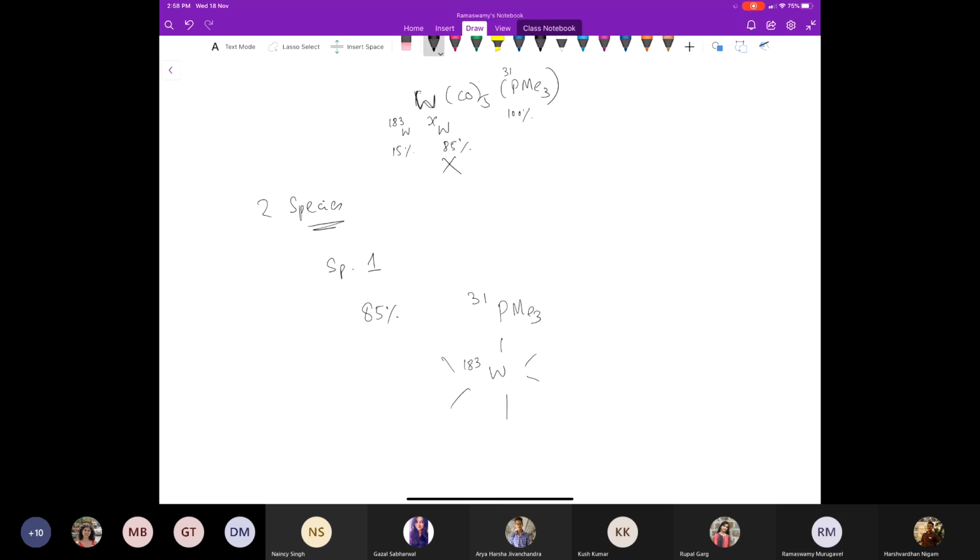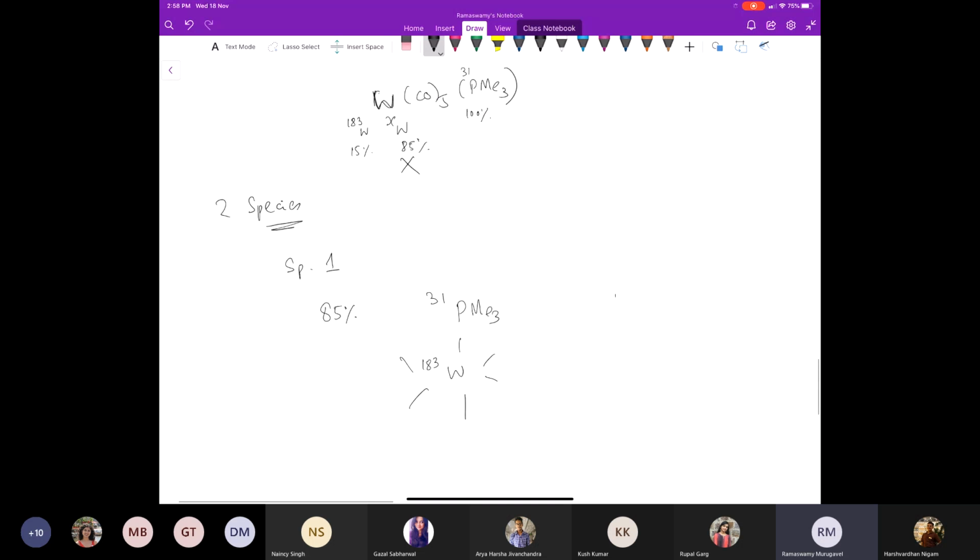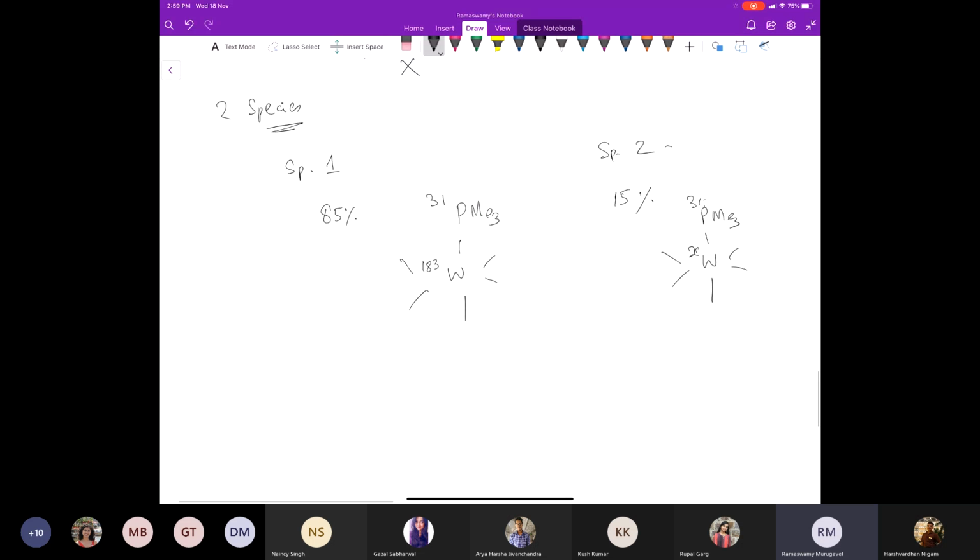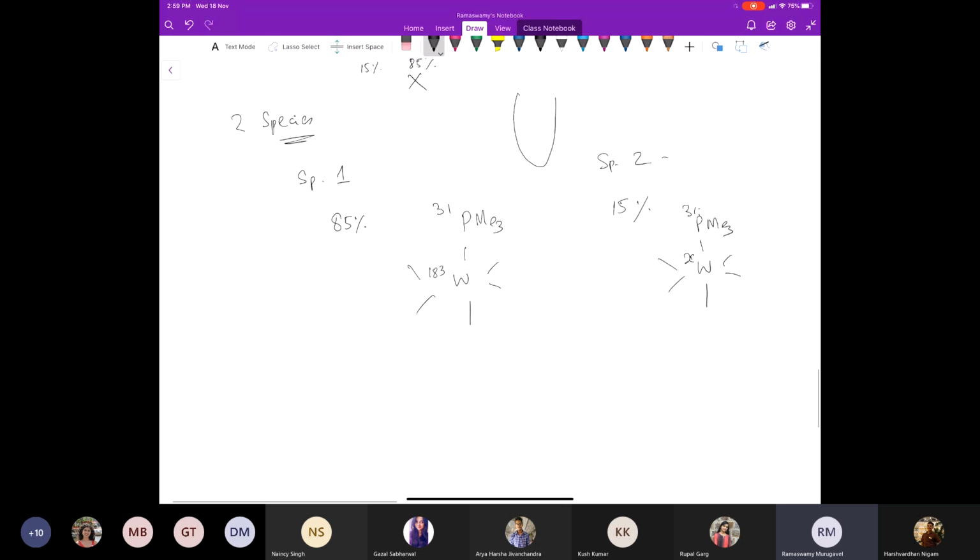And I'll have a 15% abundance of a second species, species 2, which will have a 183 tungsten and 31P Me3. These are my two different species. In the NMR tube I have this compound in solution, and both species are coexisting. I record the spectrum.